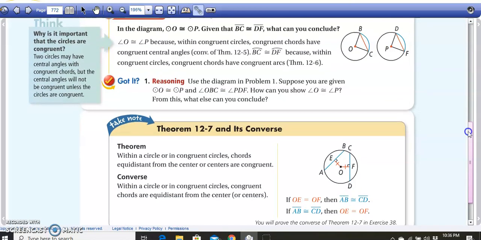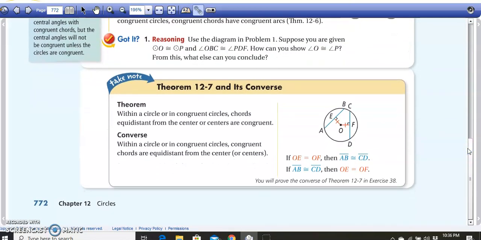Now the next one is a lot of theorems in this lesson, by the way. If we have in a circle, we have the chords equidistant from the center. That means the chords are congruent.